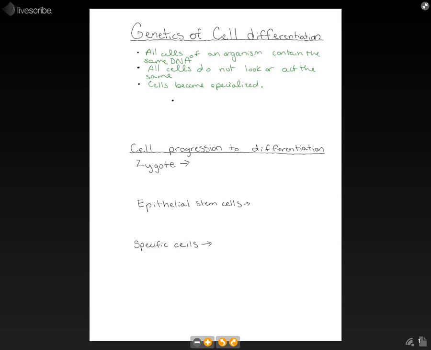When cells become specialized, parts of the DNA are turned off or deactivated.